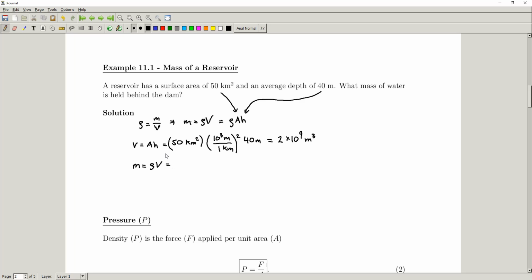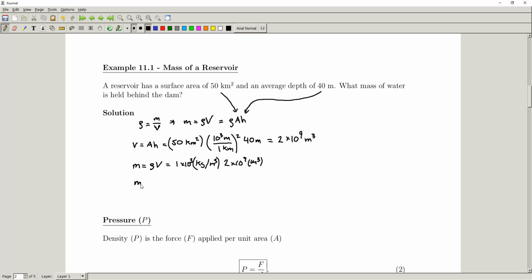Well, our density, like I just mentioned, is going to be 1 times 10 to the 3 kilograms per meter cubed. And maybe I'll put this in brackets. And this is going to be multiplied by the volume that we just calculated, which is 2 times 10 to the 9 meters cubed. So these meters cubed are going to cancel, and we're going to end up with a mass in kilograms, which is what we're looking for.